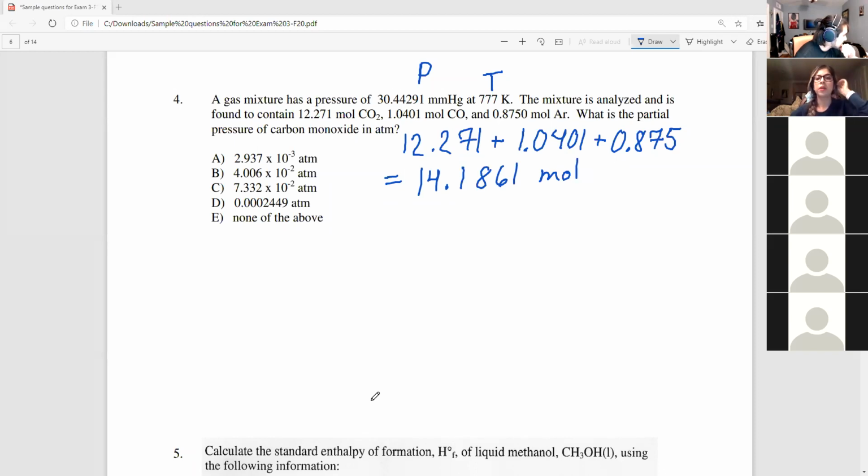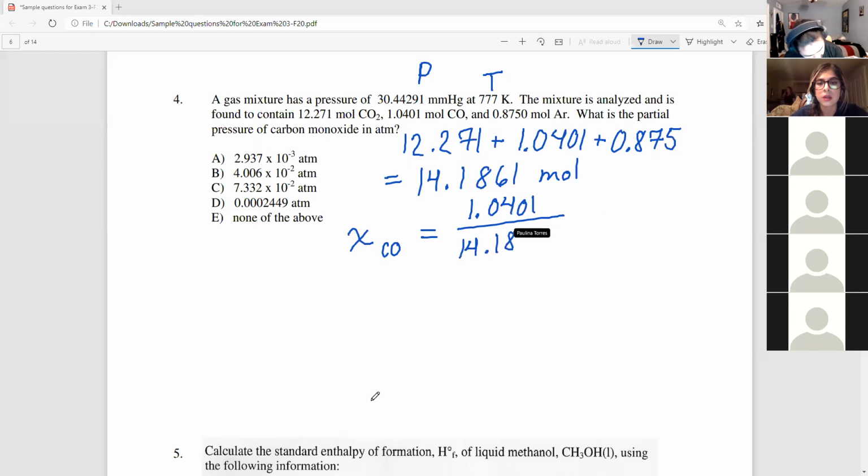So if we want to get the mole fraction of carbon monoxide, it will be our moles of carbon monoxide, which was 1.0401, over our total moles, 14.1861.